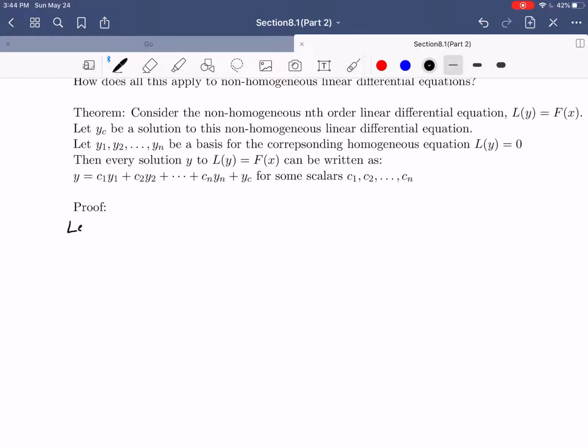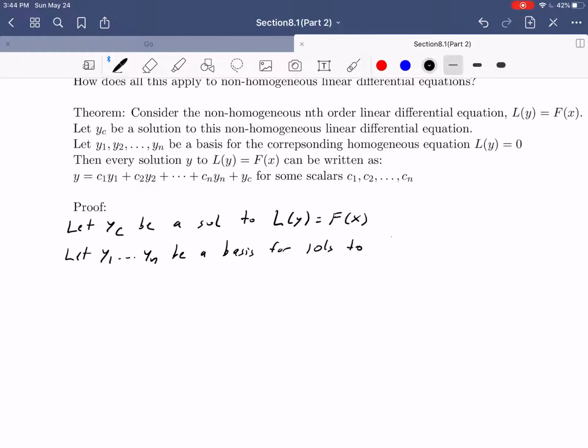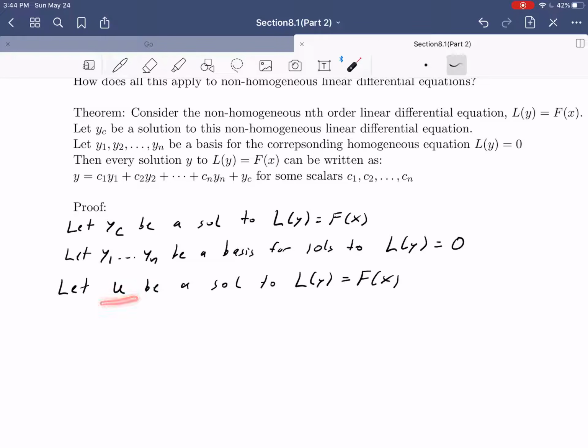Remember, we're letting y sub c be a solution to L of y equals f of x, and we're letting y1 through yn be a basis for solutions to L of y equals 0. We're going to let u be a solution to L of y equals f of x, and we need to show that this u can be phrased like this.